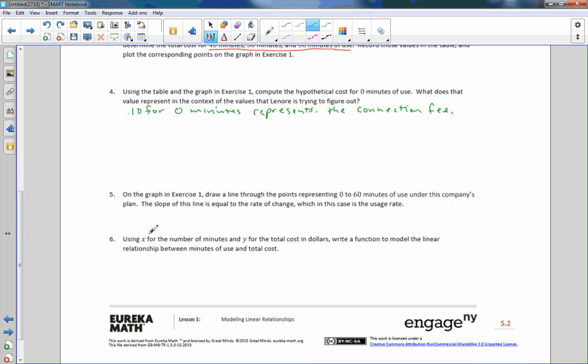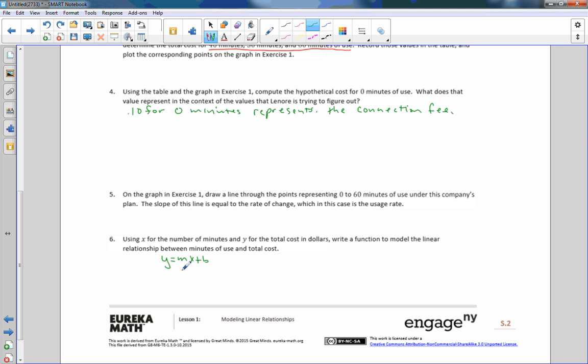Number 6, using x for the number of minutes and y for the total cost in dollars, write a function to model the linear relationship between minutes of use and the total cost. So y equals mx plus b is our equation. m is our slope in linear equations, but we are calling slope here the usage rate or the constant rate because it is constant.